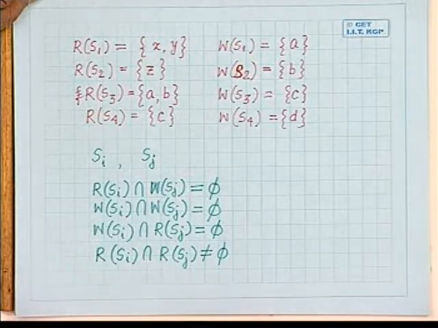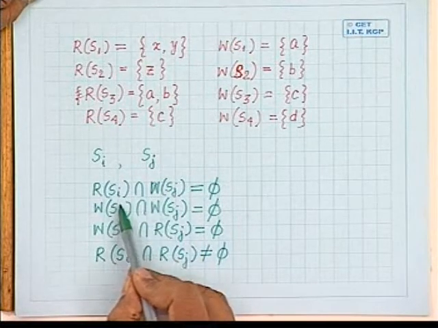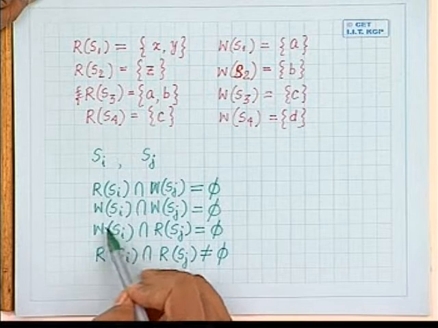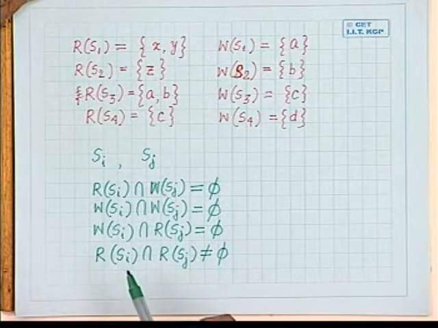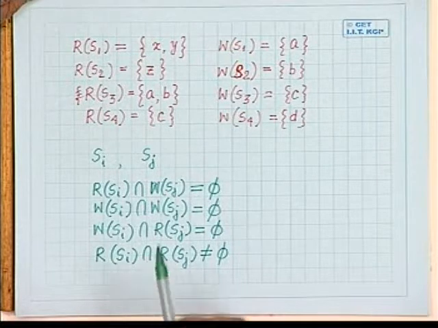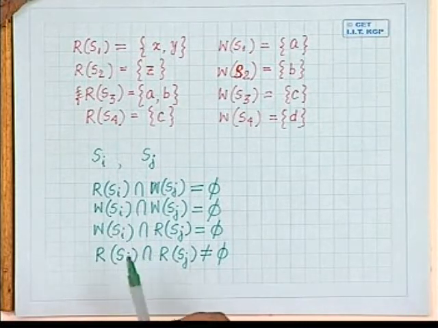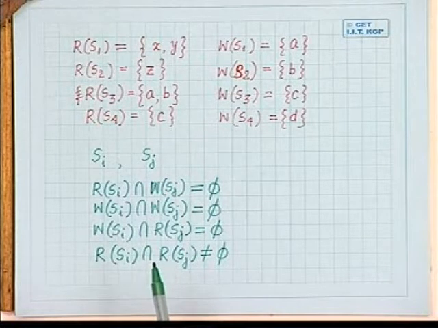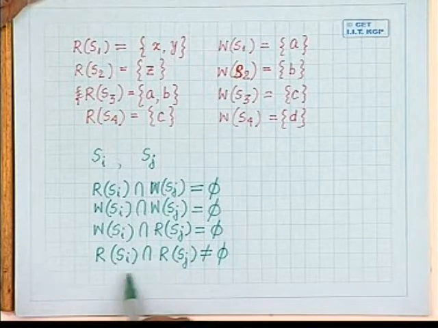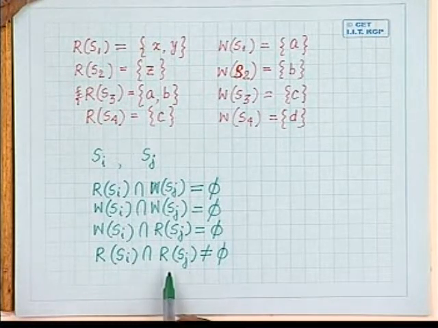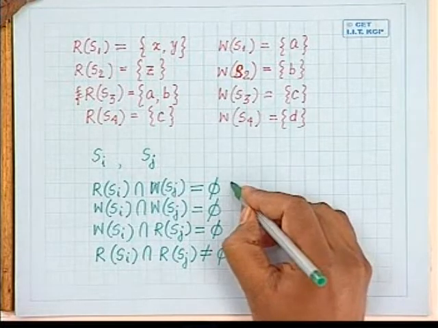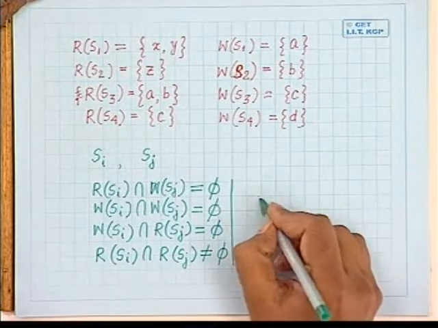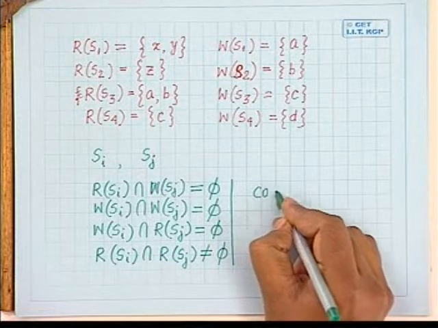So, I must have the condition that the read set of any statement should not intersect with the write set of the other statement, and the write set of any statement should not intersect with the write set of the other statement. However, if the read sets of the two statements intersect, this does not prevent us from executing S1 and S2 concurrently. So, this will be the concurrency condition.